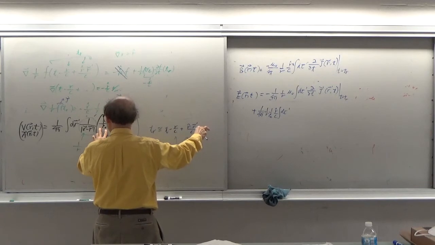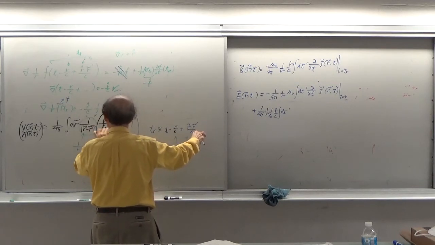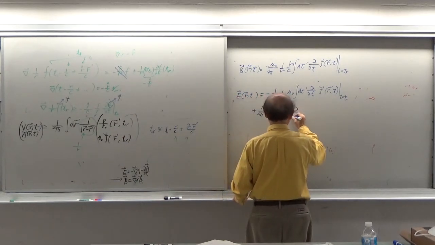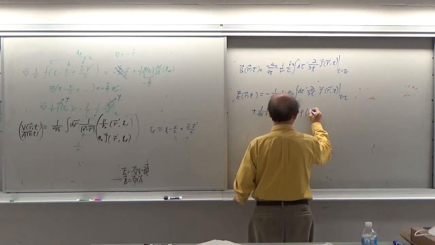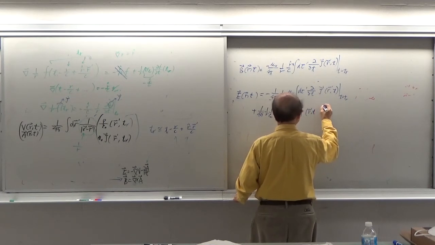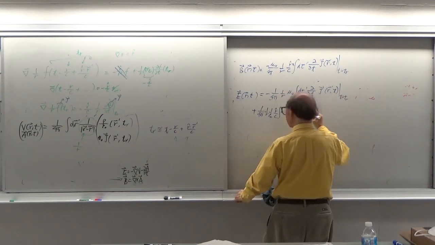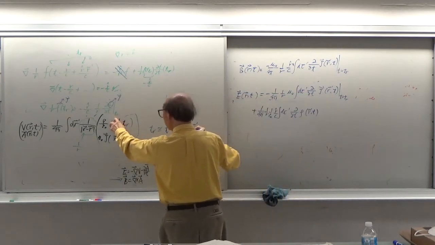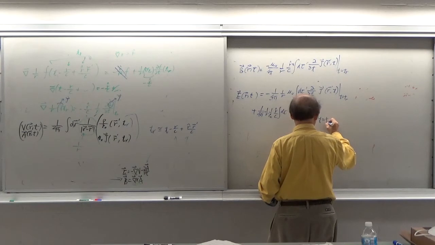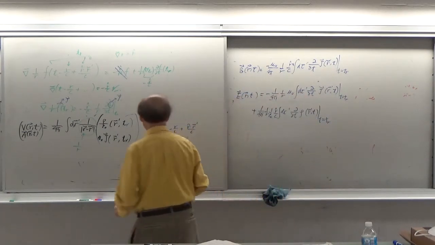So I will have the integral of del by del t acting on rho of r prime, t prime. Take the derivative at t equals t_R. I think that's all.